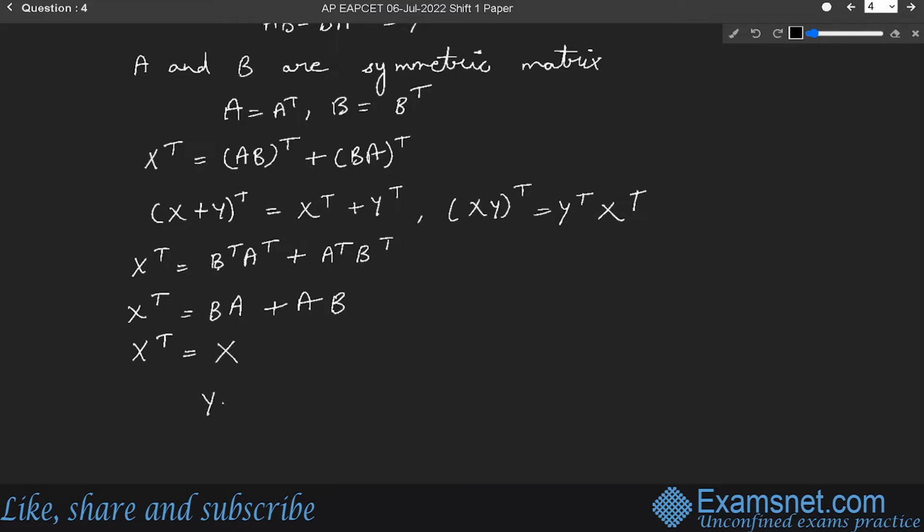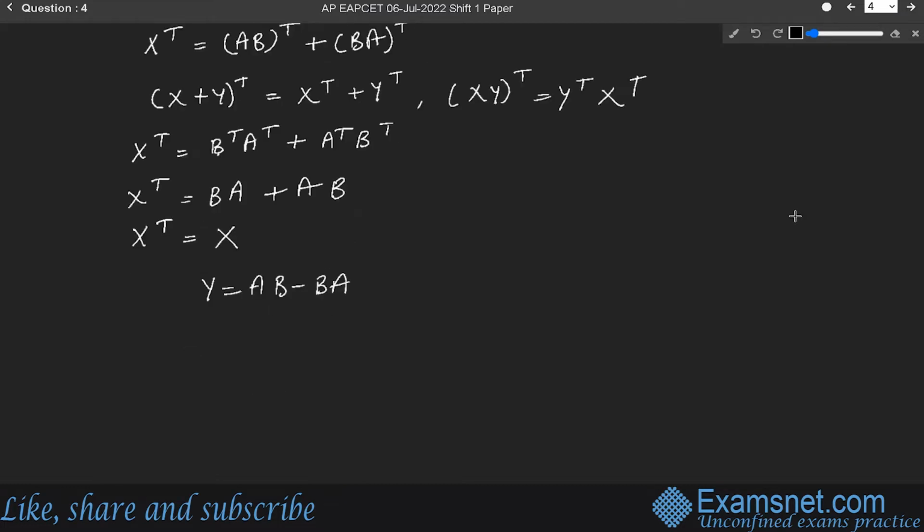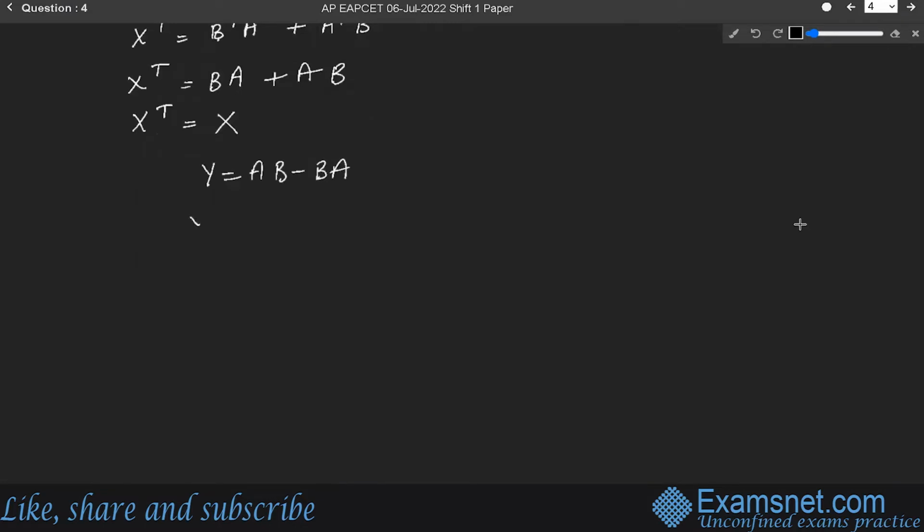Similarly, we have Y is equal to AB minus BA. Now, finding the transpose for Y, it will be Y transpose is equal to (AB minus BA) whole transpose. Again, the formula will be same, which will be (X minus Y) whole transpose is equal to X transpose minus Y transpose.